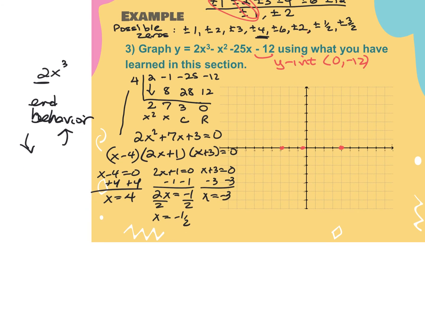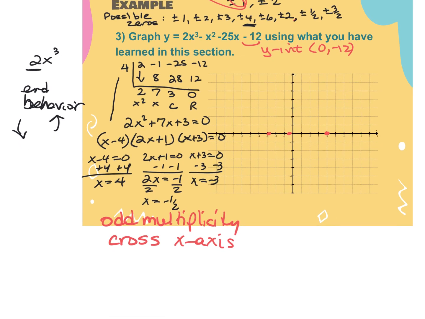Now notice each one of these occurs only one time. So these all have an odd multiplicity. And remember, when it's odd, it's going to cross the x-axis at each one of these zeros. So I'm also going to add in my y-intercept.